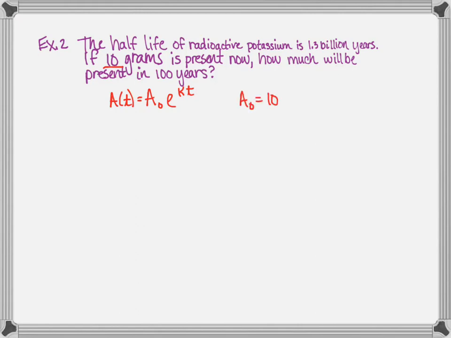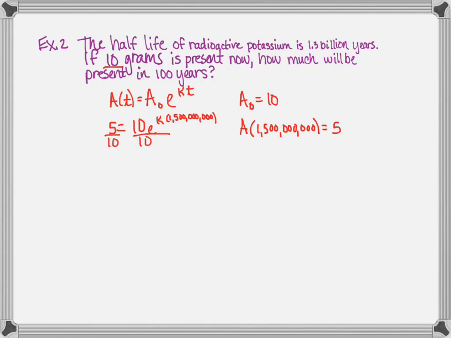We know our original amount, A₀, is 10, and we're given that A after 1.5 billion years is 5. Substituting this in, we get 5 = 10e^(k·1.5 billion).